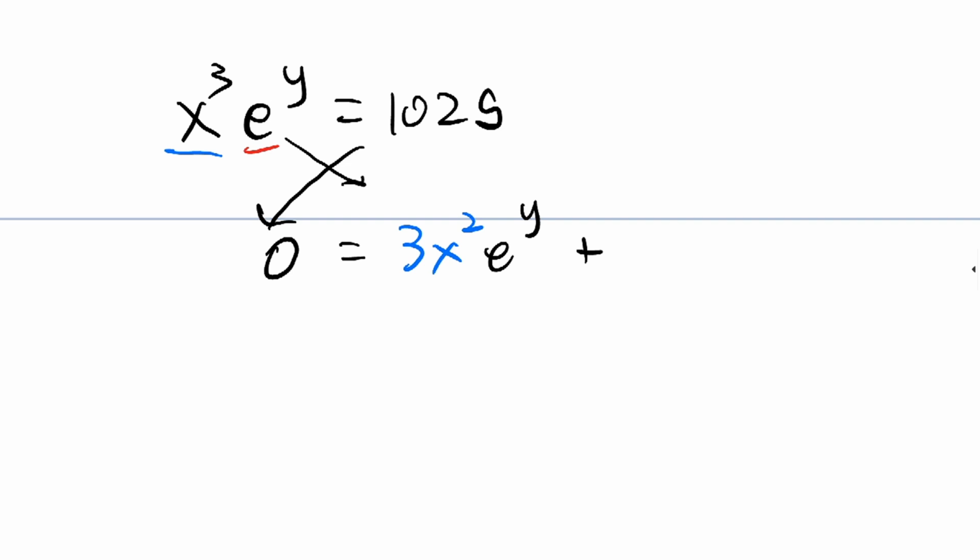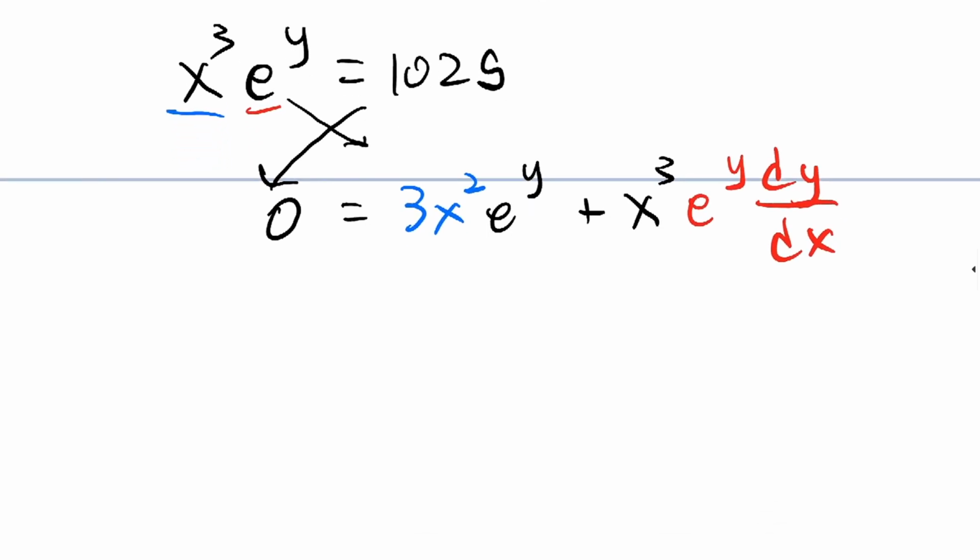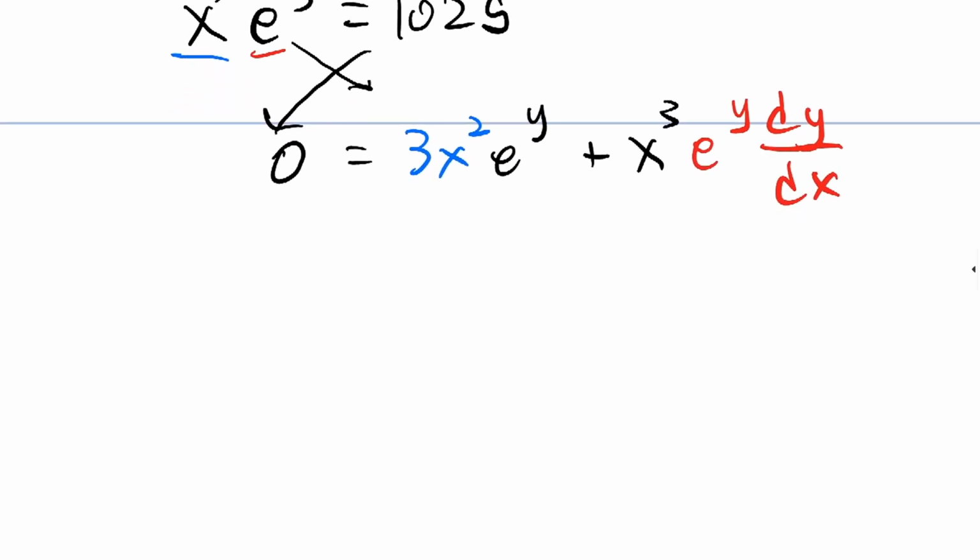Plus, now it's going to be x cubed, but now we have to take a derivative of the second function, which is just going to be e to the y. But here, we took the derivative of something with a y. So now we need to tag on a dy/dx. And that's really the gist of it, guys. From here, it's just going to be simple solving. So we're going to solve for dy/dx now.